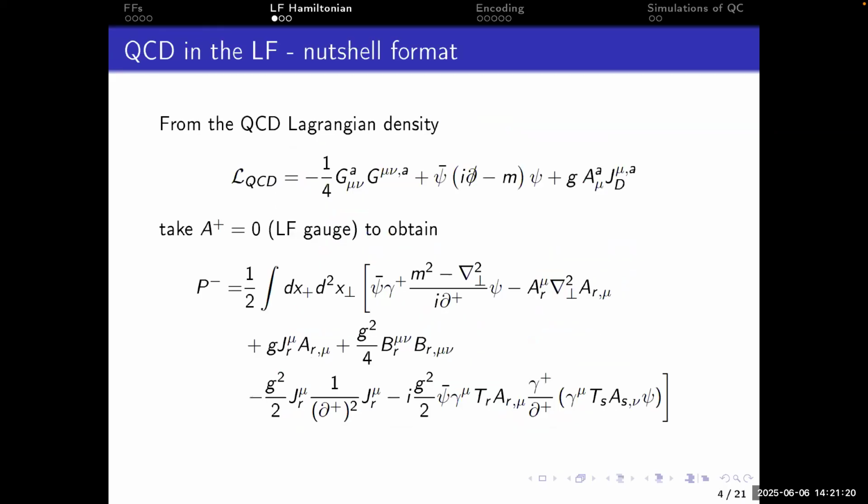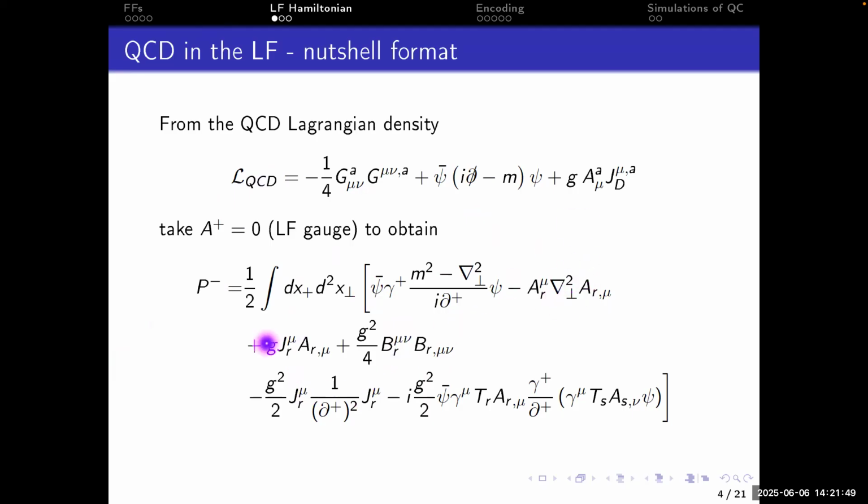But okay, so to simulate this time evolution on a quantum computer, we need a Hamiltonian. As we're working in light-front coordinates, we need the light-front Hamiltonian, which is obtained by taking the light-cone gauge, A plus equal to 0, and then making a Legendre transform. And this is what we obtain. This is the Hamiltonian. This is the kinetic term for fermions and gluons.